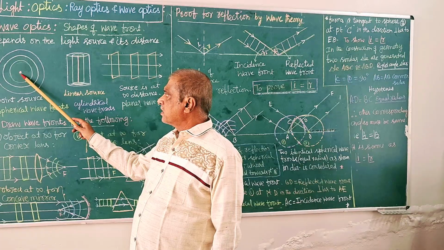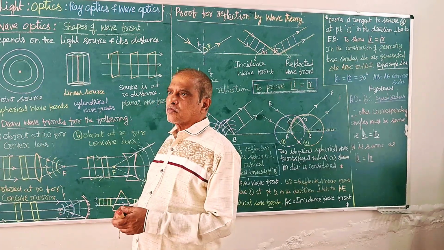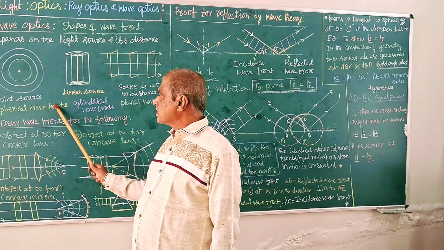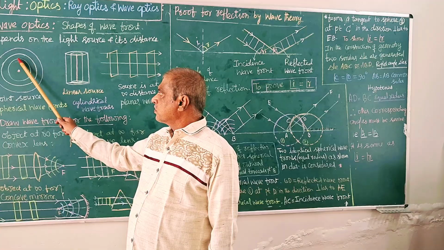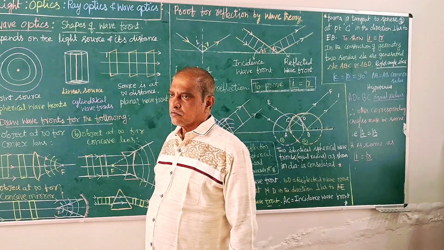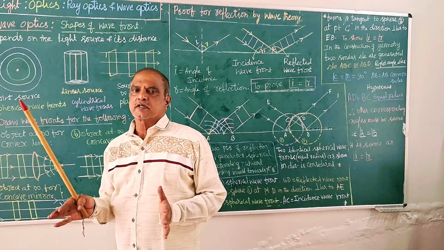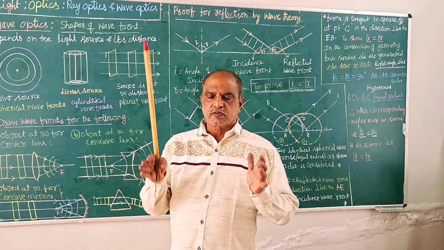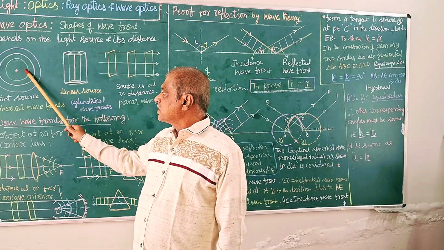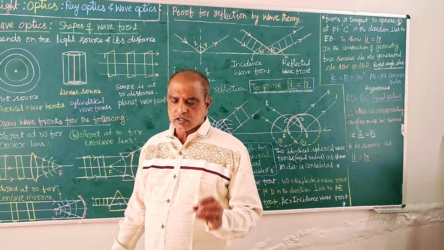This source emits wave fronts of spherical shape, spherical wave fronts in succession, one after the other, expanding at a fast rate. These are spherical shells that are expanding. The shape is spherical if the source is a point source or small sphere.